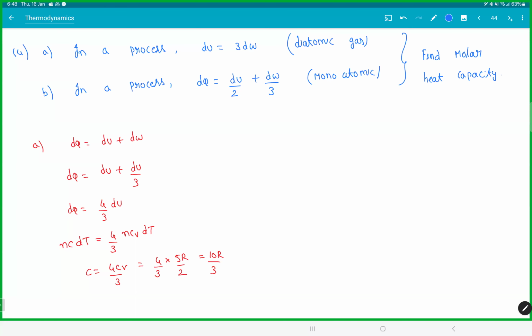What is the answer for this? Try. 13R by 12. Anyone else got this?